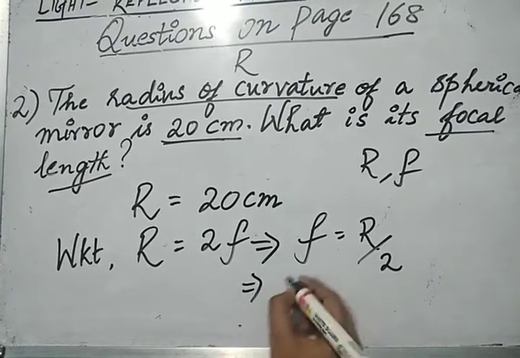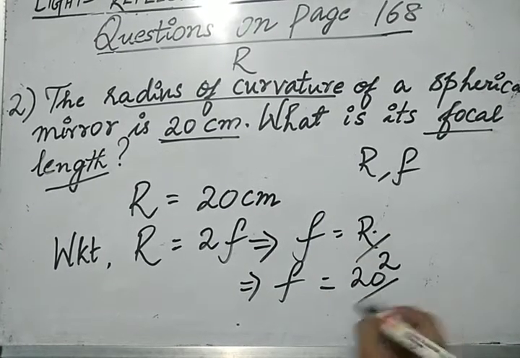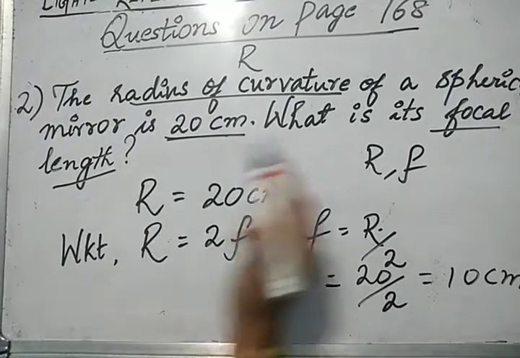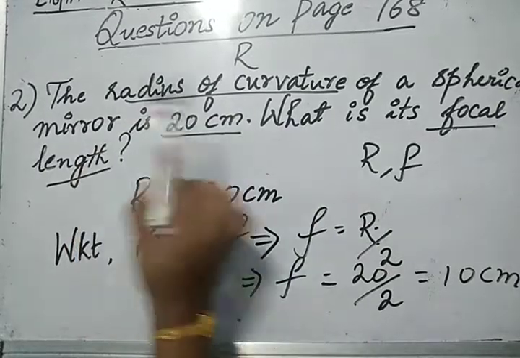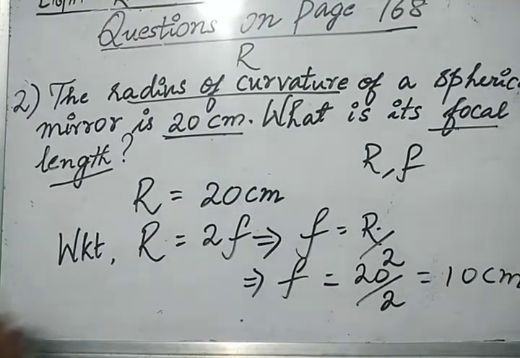Now this implies focal length is, what is R? Put the value, 20 by 2 is equal to 10 centimeter. Therefore the focal length of that spherical mirror is 10 centimeter. Just conclude your answer and you're done.